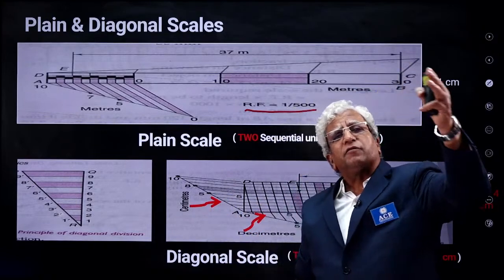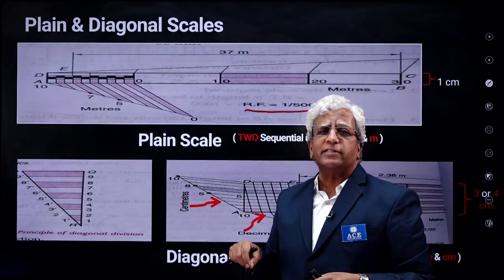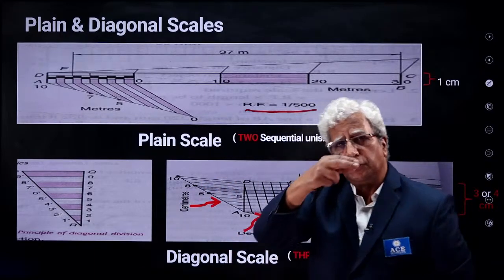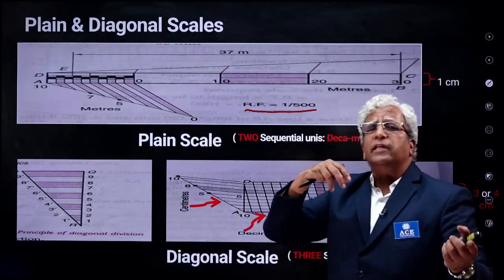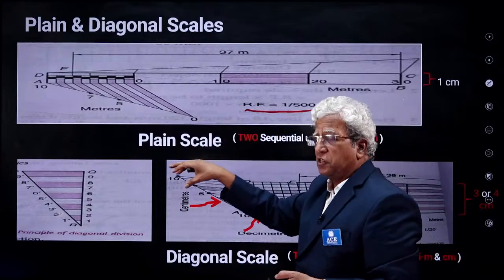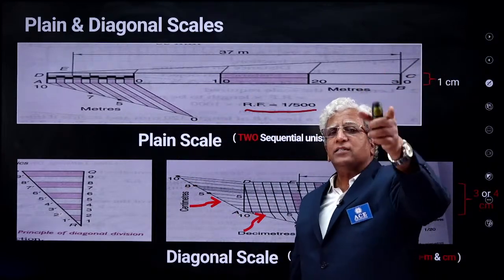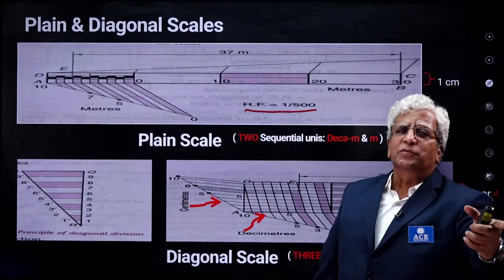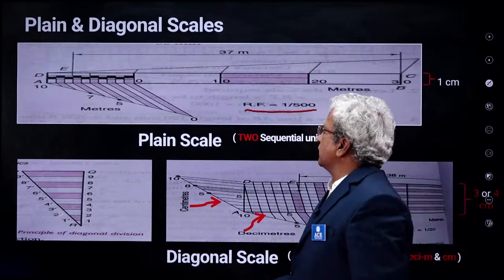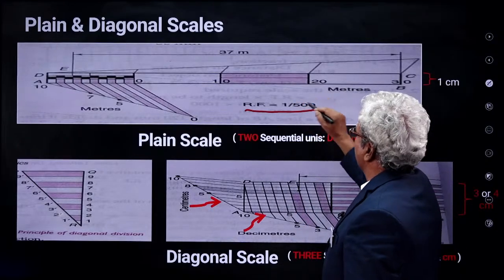In the object, if it is say 5 meters, we may have to represent here only the 5 centimeters. That means you have to reduce. That means there should be a ratio between the distance on the sheet to the distance on the object. So, that ratio is called RF. Here it is 1/500 in this example.